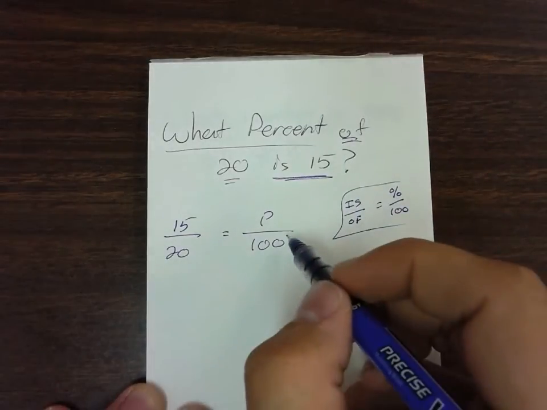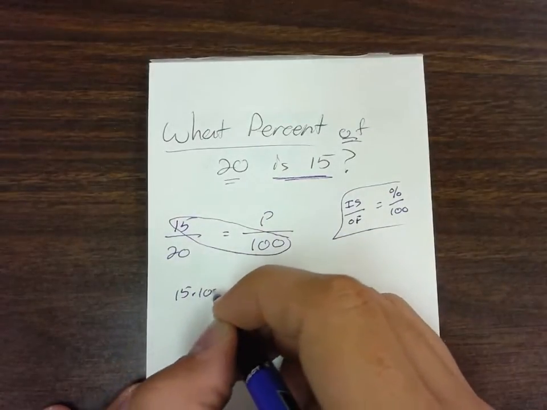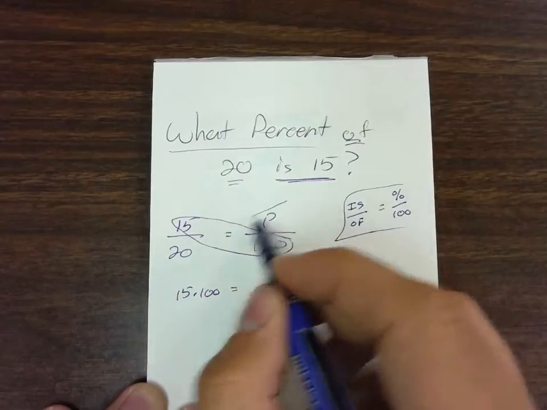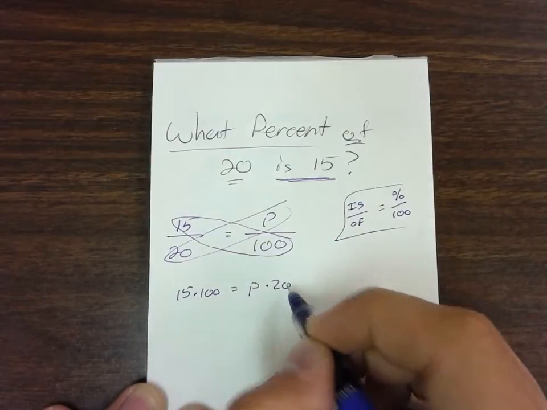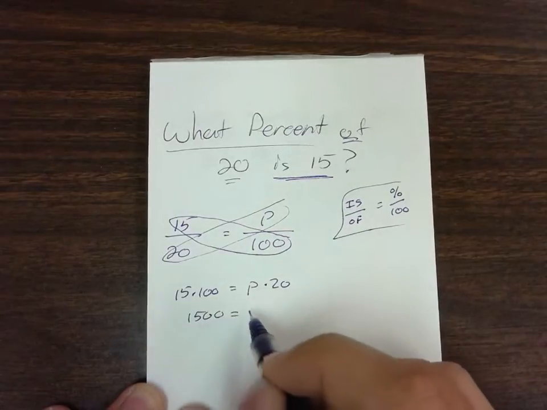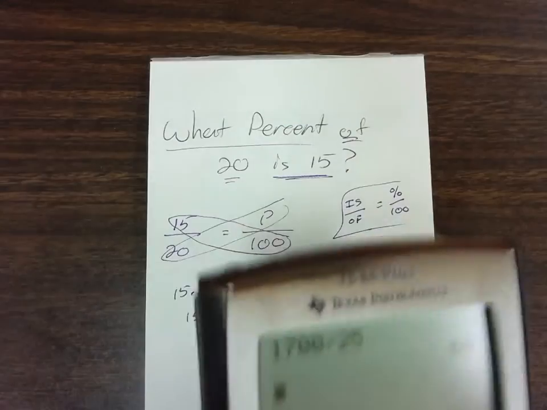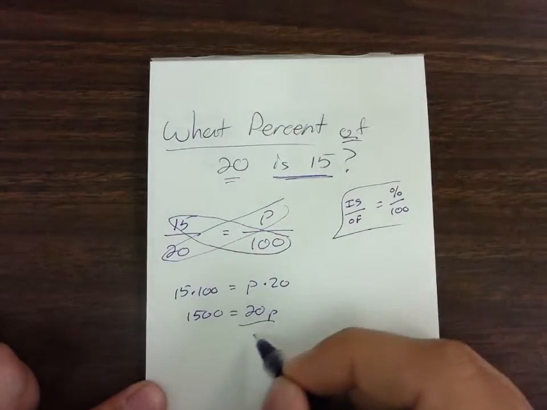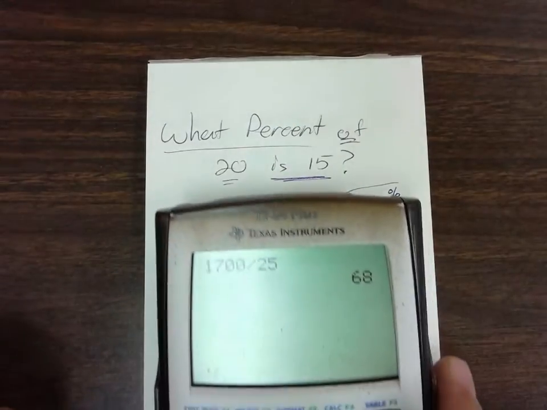So we use our cross products. 15 times 100 equals p times 20. Okay, so 1500 equals 20p. Same thing again, bring my calculator back out. I need to divide both sides by 20 to get p by itself.